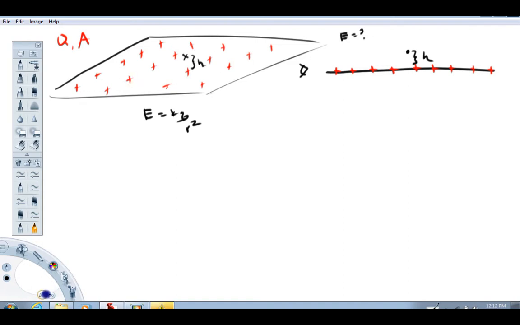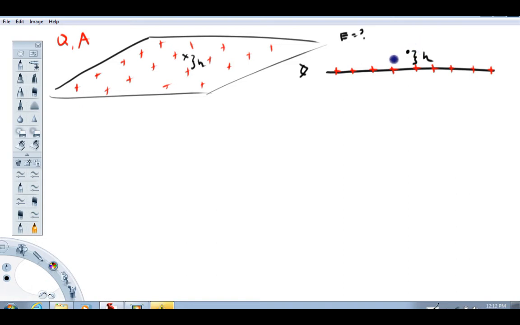So what we're going to do instead is employ another method. We're going to use Gauss's law to find the electric field. Gauss's law is a very handy law for areas of high symmetry. And this is a very symmetric problem as long as we make a certain set of assumptions and stay within certain boundaries.